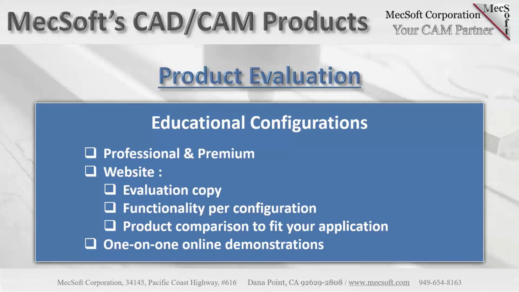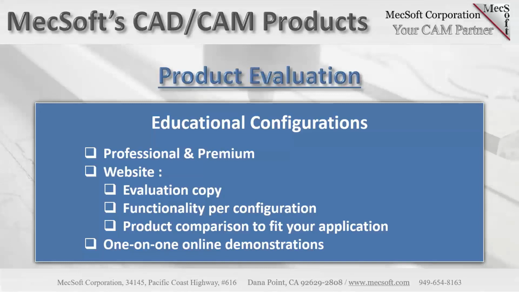So I really quickly wanted to go over the products that we offer to the educational market and see if there's any fit for you, people who are watching this. We have two different configurations for the educational market, or for the labs that you might have in schools. One is the Professional and the other one is the Premium.